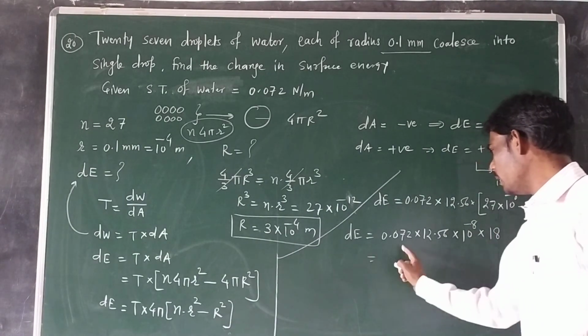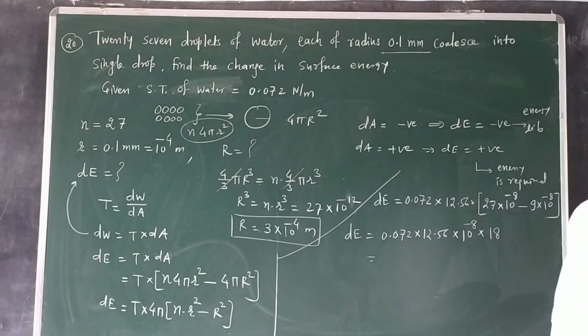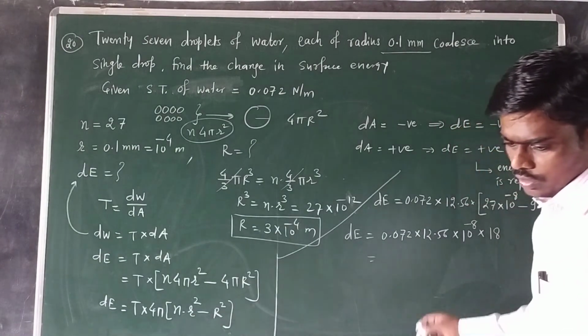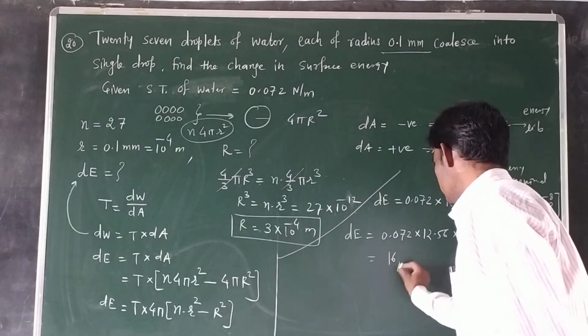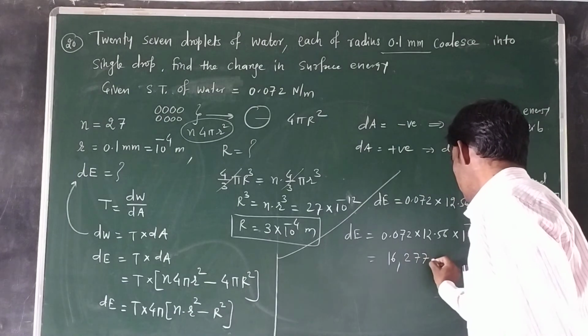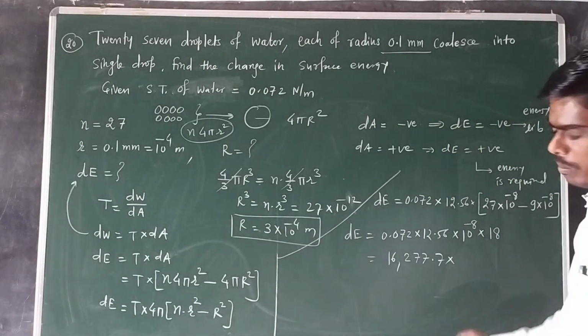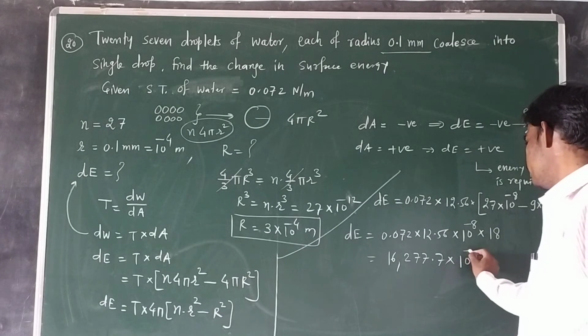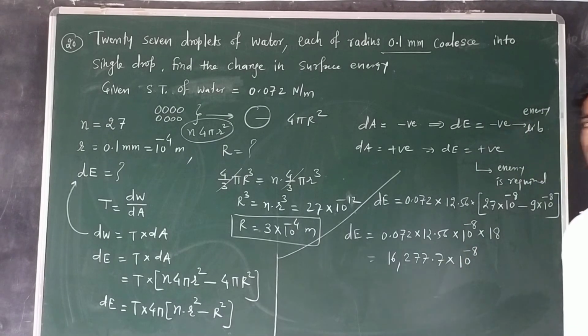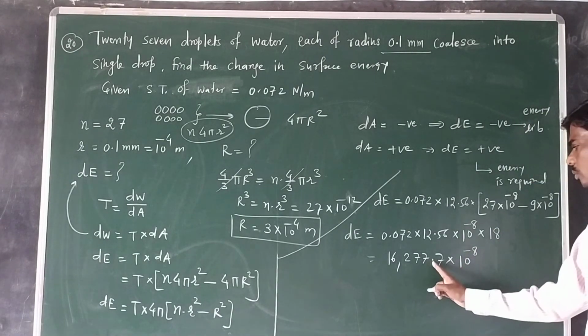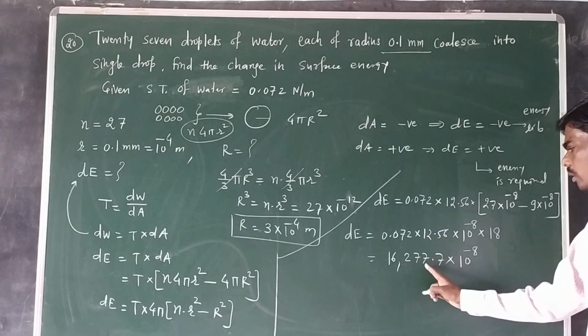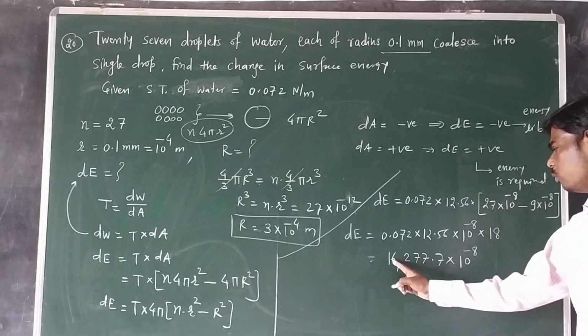On multiplying all these terms, we get 16,277.7 into 10 raised to power minus 8. So we can shift this decimal point 1, 2, 3 and 4 places.